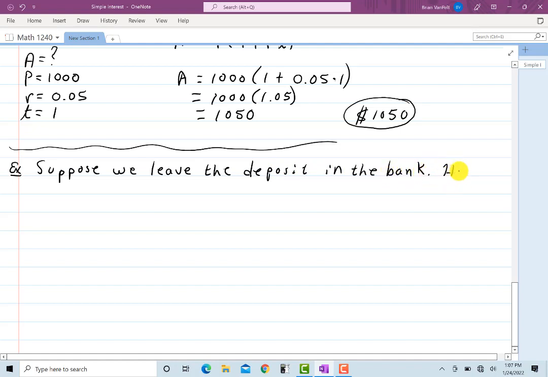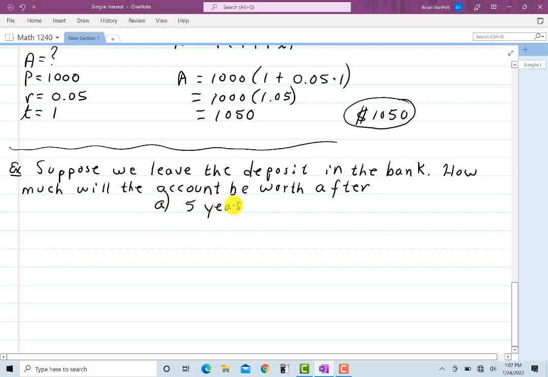How much will the account be worth after A, 5 years, B, 10 years?